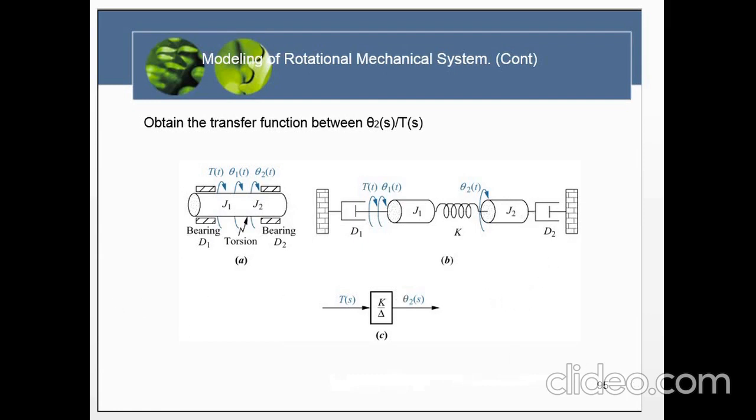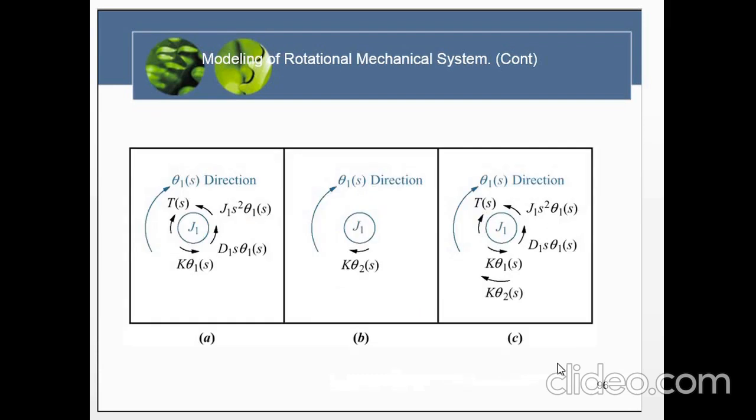Okay, if we look at J1, what force works in that system, in J1?